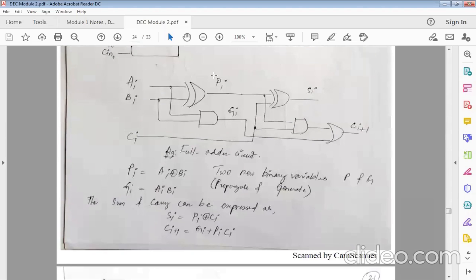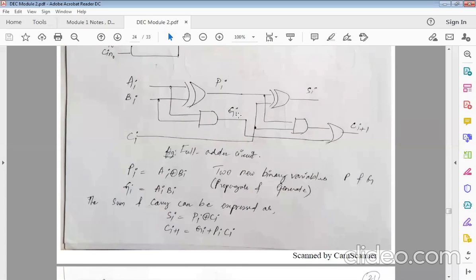Now this is the circuit of your full adder. Let me take A, B, and C. A XOR B, then C is given here. A XOR B XOR C is my sum, and my carry should be AB, BC, CA. AB is taken from here.